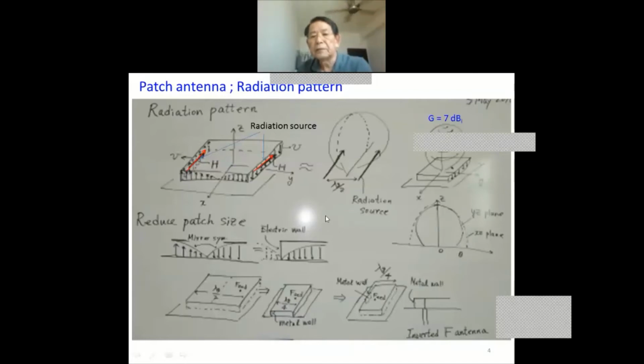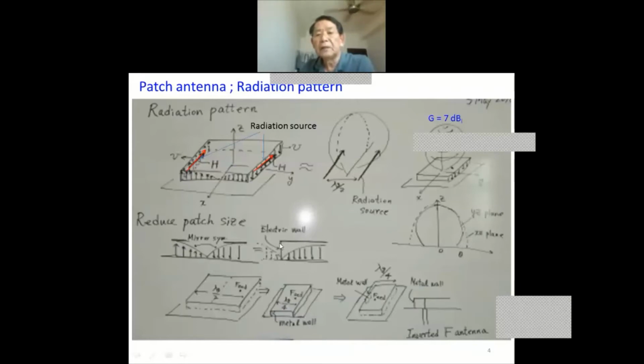And so the principle and the antenna radiation pattern can be understood. So next, by using the mirror symmetry, this left side and right side, the electric field becomes inverse.